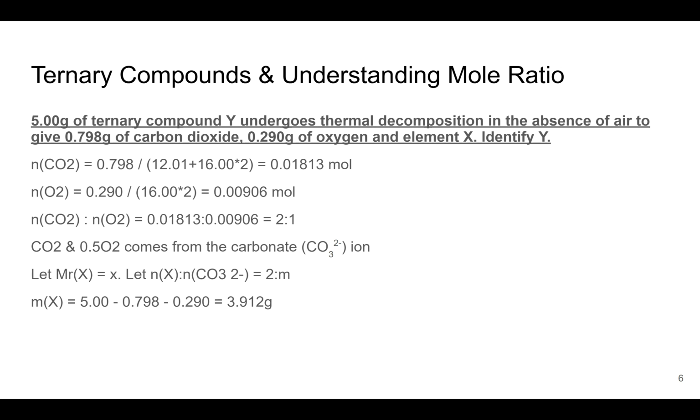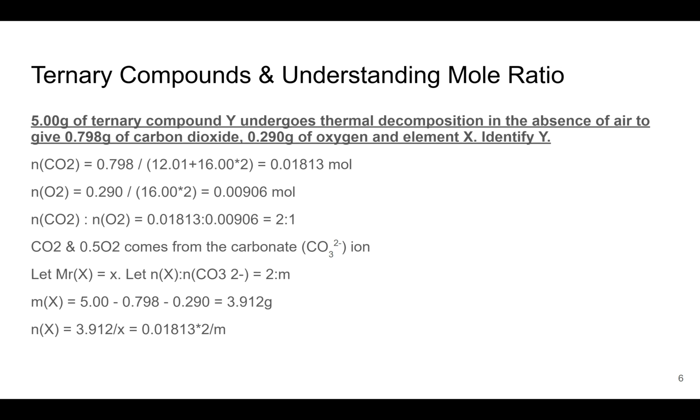So we take 5 grams of total products minus the mass of carbon dioxide minus the mass of oxygen, and that will give us the mass of element X produced. And because of this, we can take the mass of element X divided by its relative atomic mass, and that will give us the number of moles of element X produced.